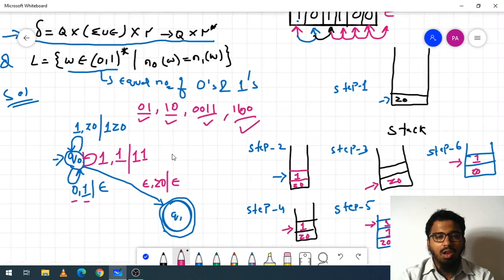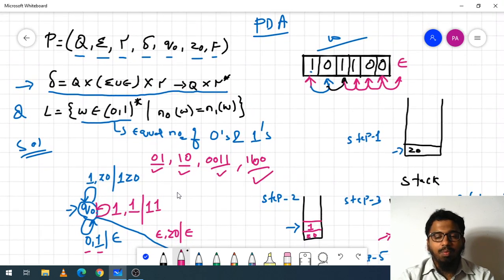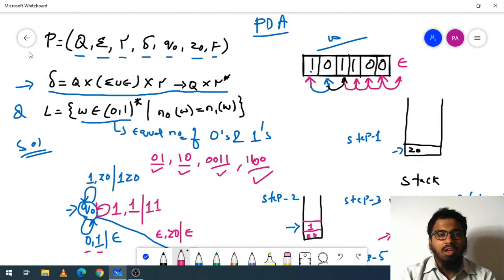So once again I will repeat this, then it will be easy for you to understand. This is the formal definition of PDA, and this is delta, how it is performing. What is Q? Q is Q0.